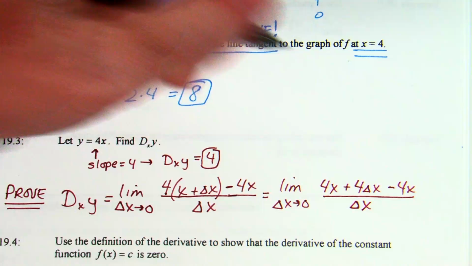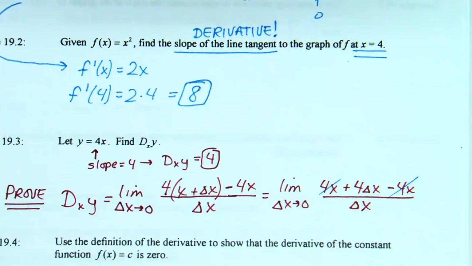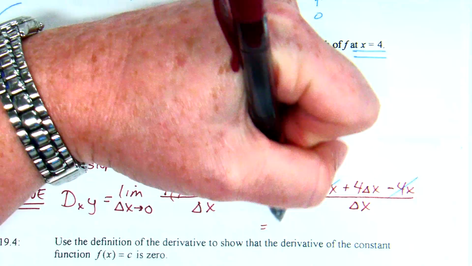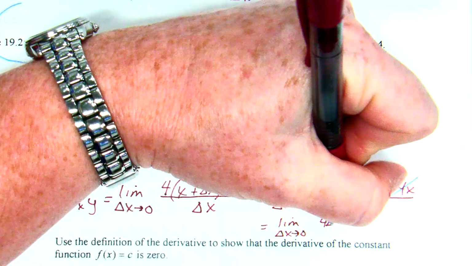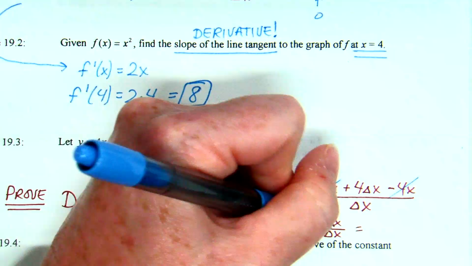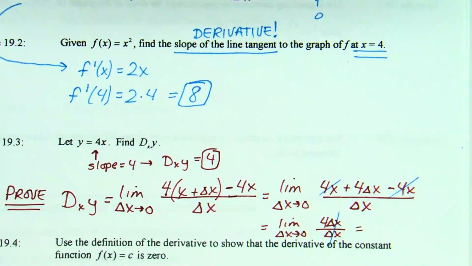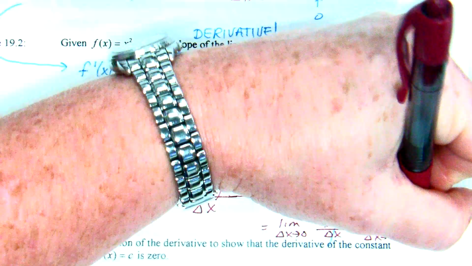Yeah, on top, 4x minus 4x is gone. I now have the limit as delta x approaches 0 of 4 delta x over delta x. What do you know about the delta x over delta x? Those cancel. So now what do I have? The limit as delta x approaches 0 of 4.